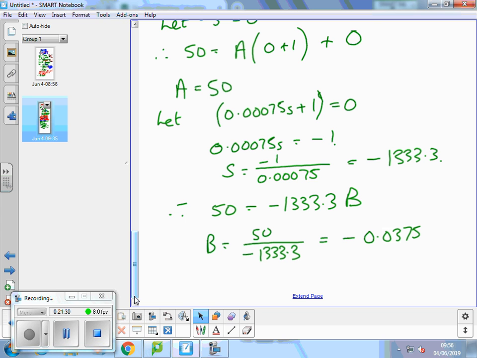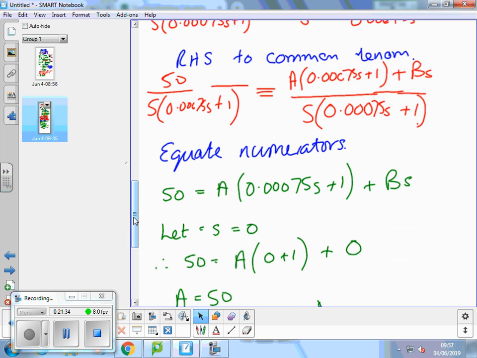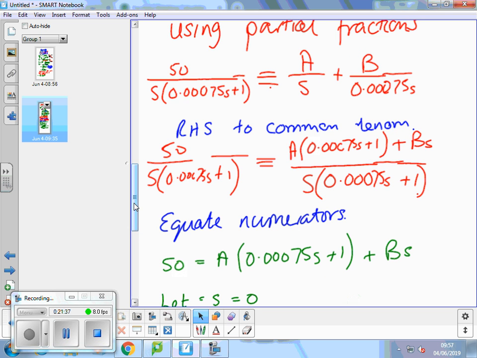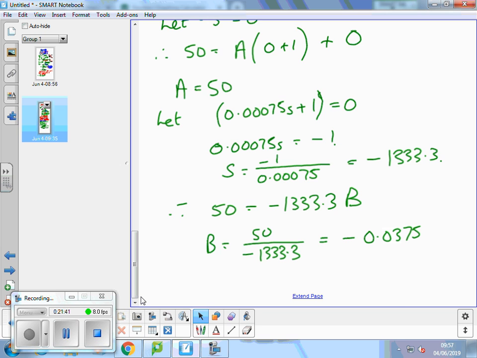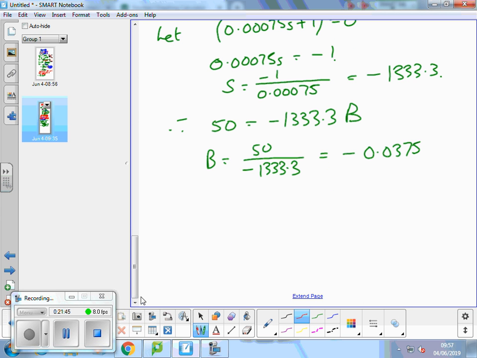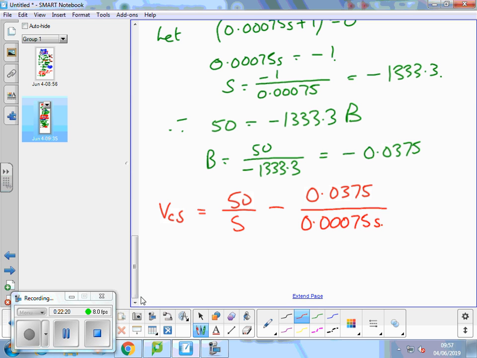Alright, so now we can go back to our partial fraction there and put in the constants A and B. So we can write now that VC in the S domain is equal to A, which is 50 over S, minus 0.375, which is B, divided by 0.0075S.